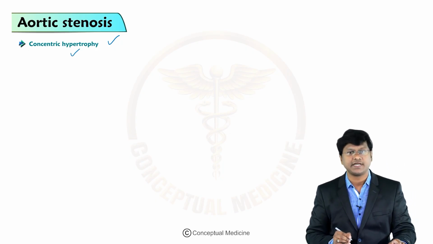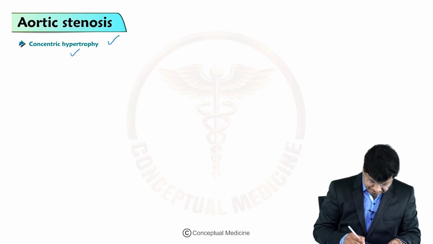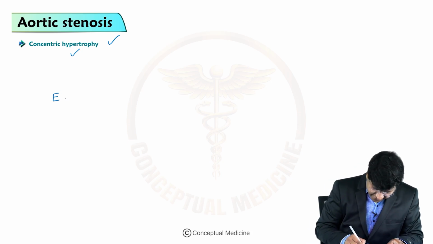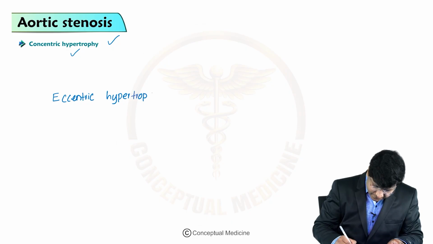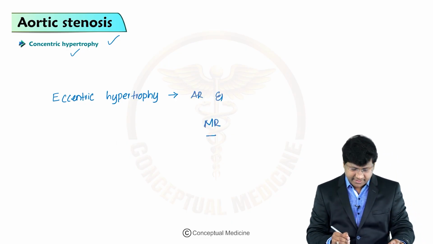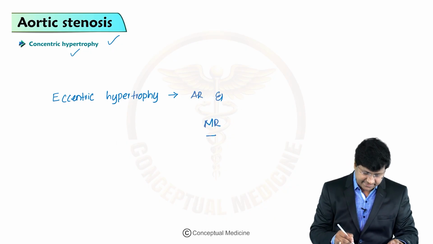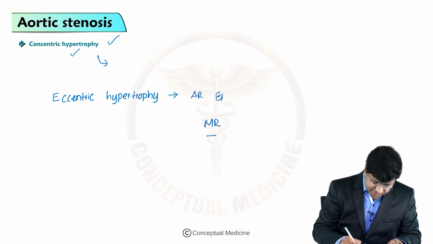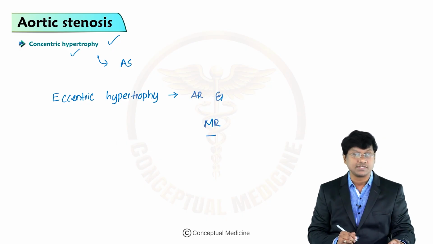That is concentric hypertrophy. Now we have one more type of hypertrophy called eccentric hypertrophy of the heart. This is seen in patients with aortic regurgitation as well as mitral regurgitation. So in aortic regurgitation and mitral regurgitation, you will have eccentric hypertrophy, whereas in aortic stenosis, you will have concentric hypertrophy.